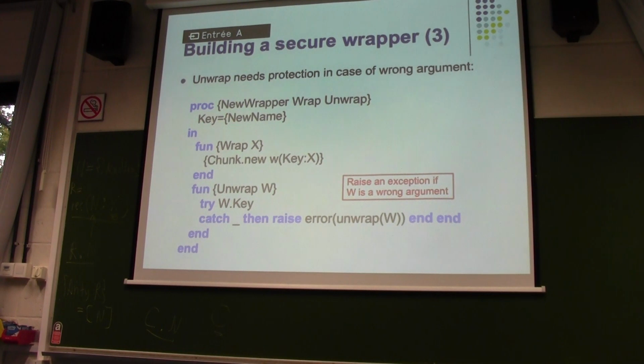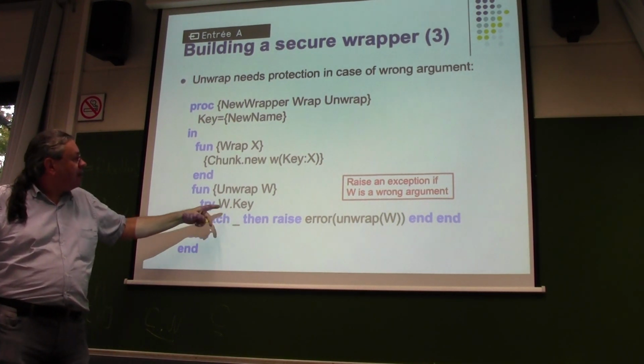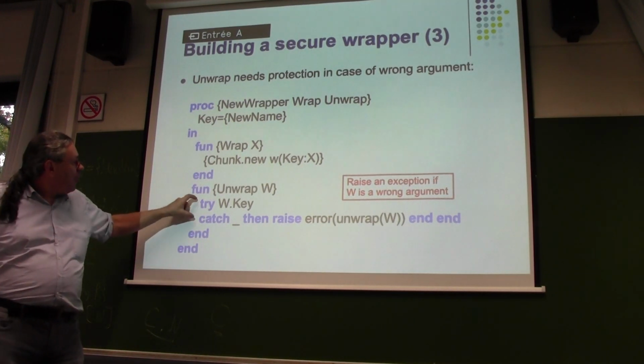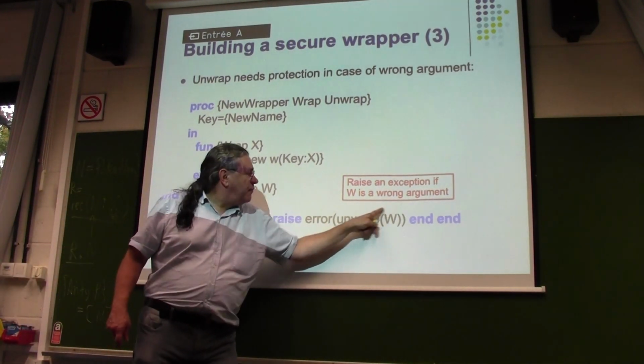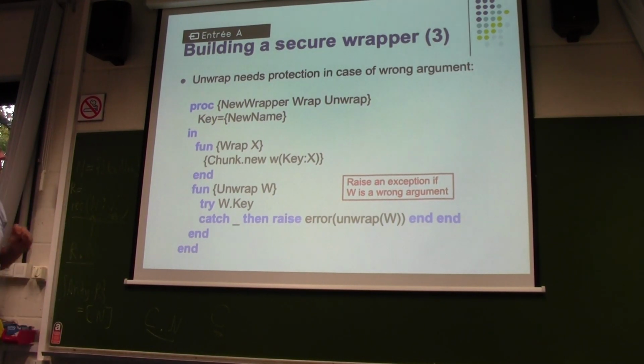There's actually a small detail. If you use it in the wrong way, you have to raise an exception. So we actually put this in a try-catch so that we have a well-defined exception if there's a wrong argument. But that's a detail for software engineering.